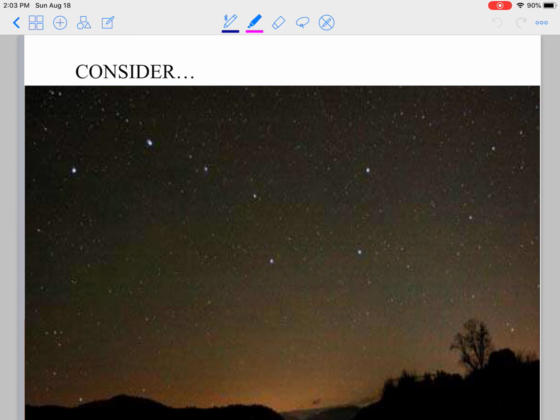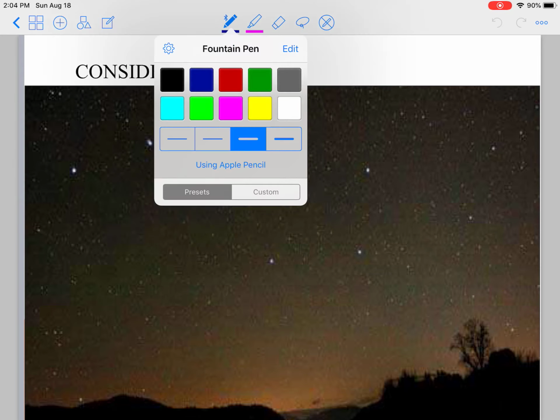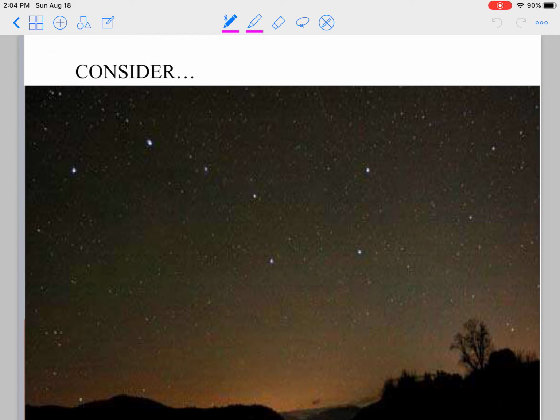Just by looking right now at this photo of outer space or the sky, you can immediately probably start to pinpoint some features of it, and the first of them may be the actual points. You may see some points, and that's kind of what happened in ancient days. They were looking up at the night sky and they started seeing points, and so they started just kind of notating where these points were.